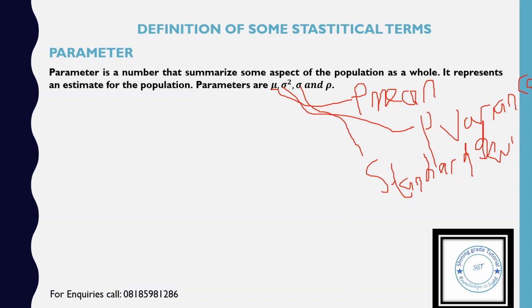I think you understand that. I'm trying to write deviation. I think you get that this is deviation. Alright, so this is the proportion, the population proportion.